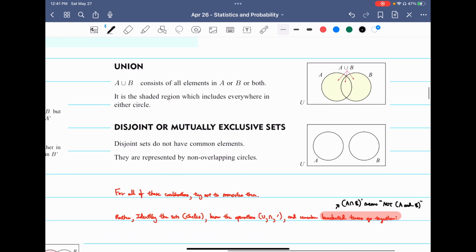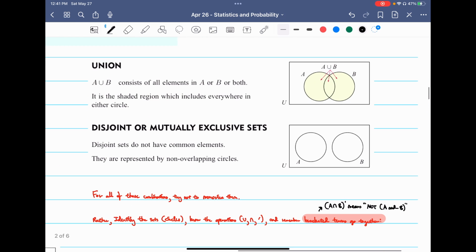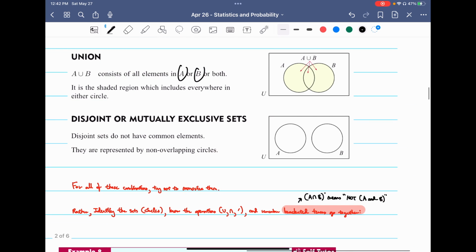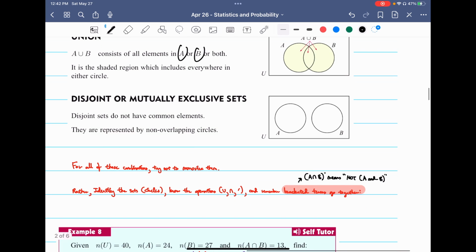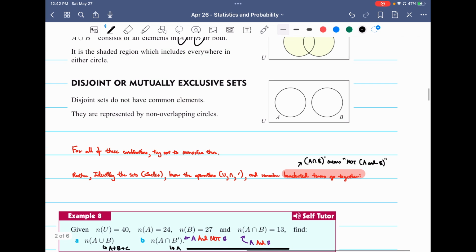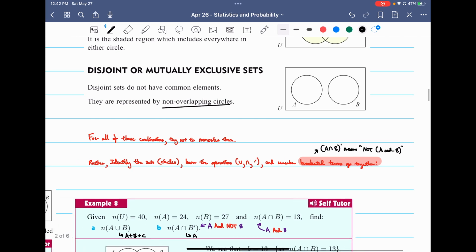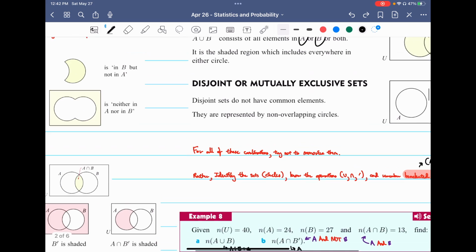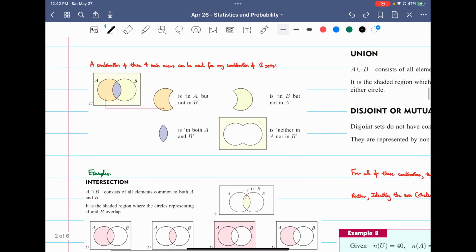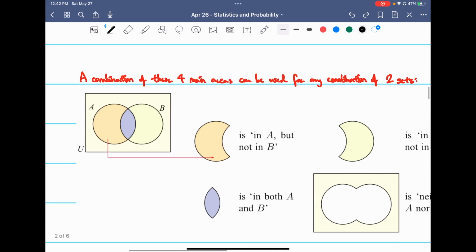But just to briefly go over, A∪B consists of all elements in A or B or both. It is a shaded region which includes everywhere in either circle. Disjoint or mutually exclusive sets have no common elements, and they're represented by non-overlapping circles. Before we look at the writing in red, let's look over the writing here first.